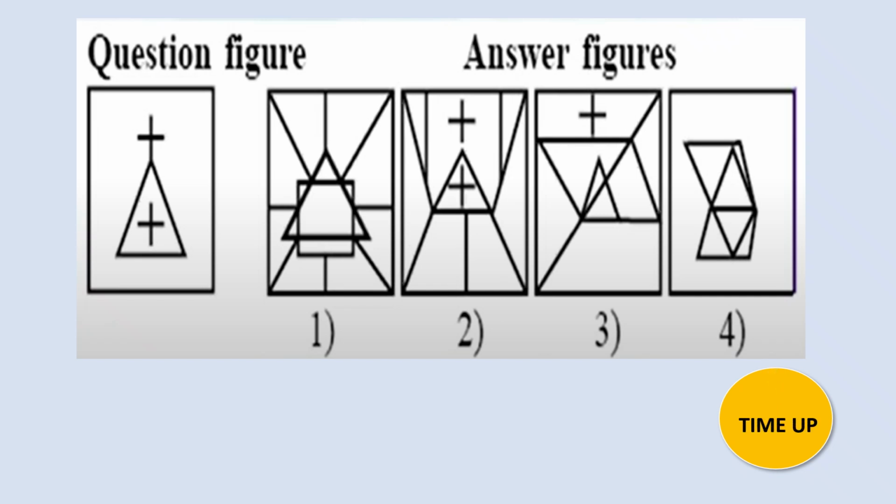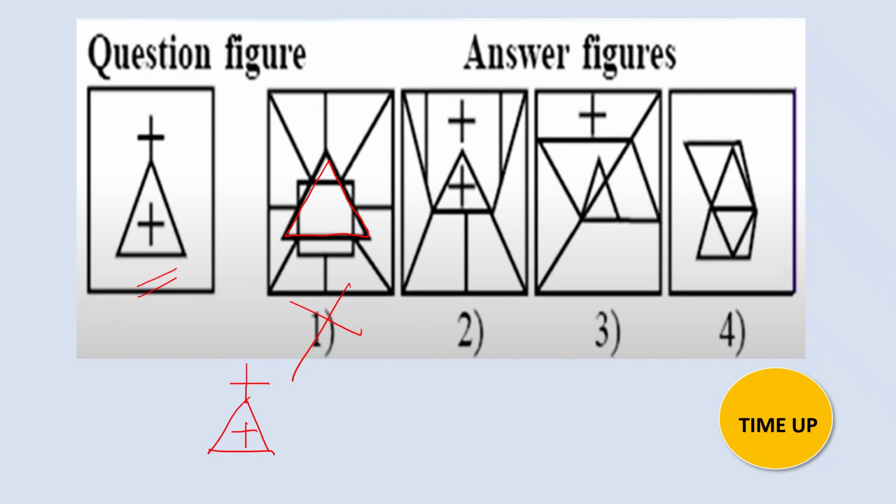Okay, time up, students. So this is the figure, correct? There is a triangle here. Then you have a plus sign here, and on top of that also you have a plus sign. In the first option, you can observe a triangle here, but that plus icon is not present. So option 1 is wrong.